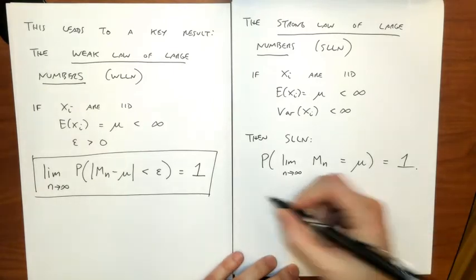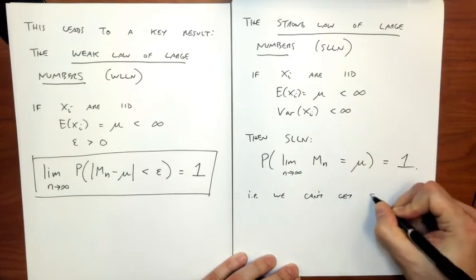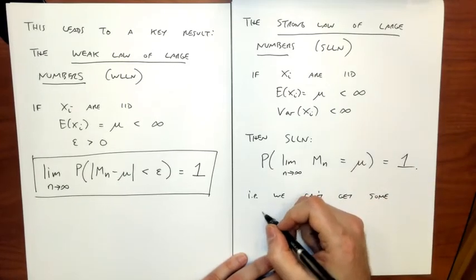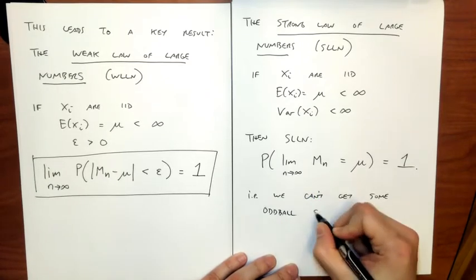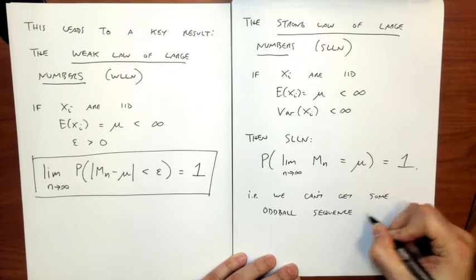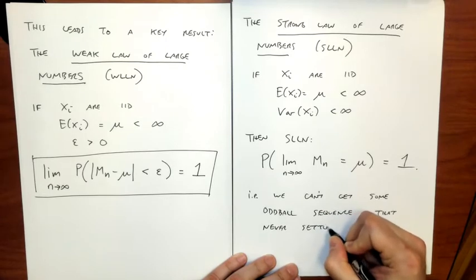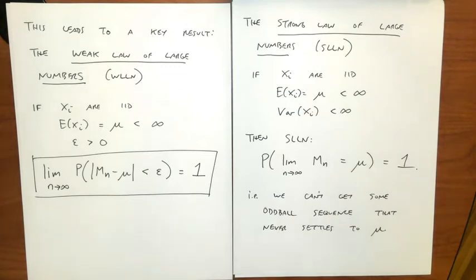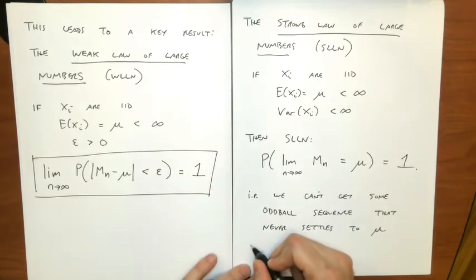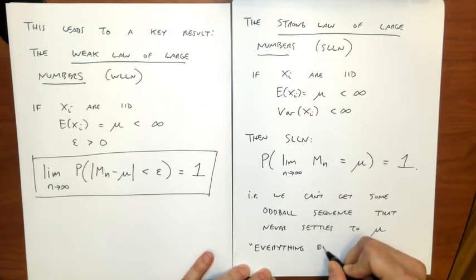So the implication is that we can't get some sort of oddball sequence that never settles to mu. Everything eventually averages out.